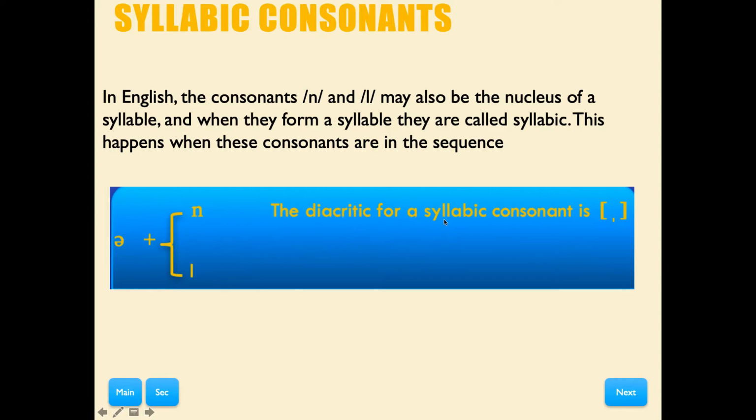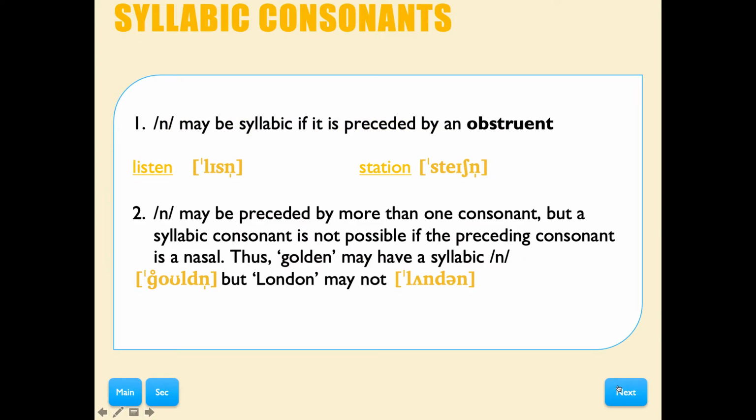The diacritic for a syllabic consonant, as you may already know, is an understroke. Now, the alveolar nasal may be syllabic if it is preceded by an obstruent. For example, listen or station.